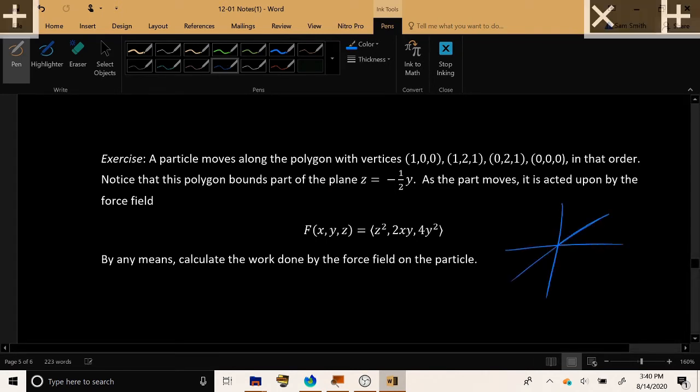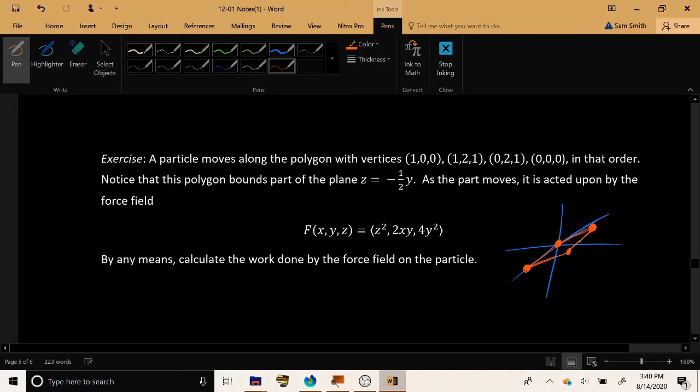I'm going to make it right away. So here is (1, 0, 0). Somewhere up here is (1, 2, 1). Move straight back, you get to (0, 2, 1), and then back down to the origin. So it looks like this particle is moving along the boundary of a rectangle.